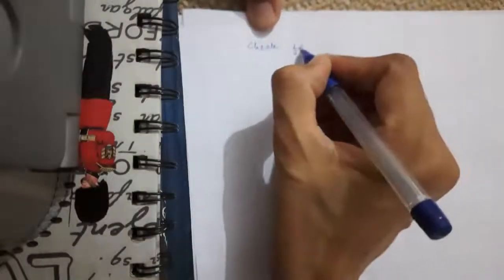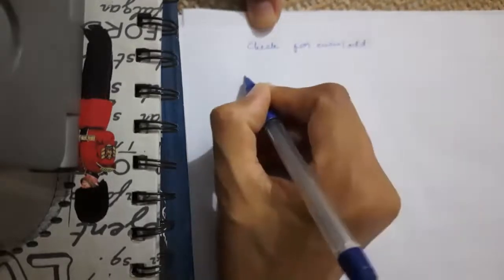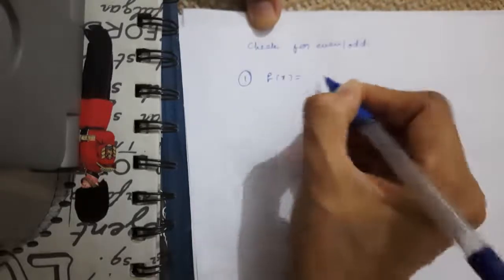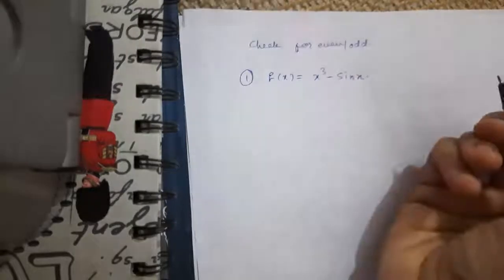So I want you to solve a few examples. Check all these examples whether they are even or odd. The first example I am giving you is f of x equal to x cube minus sin x.